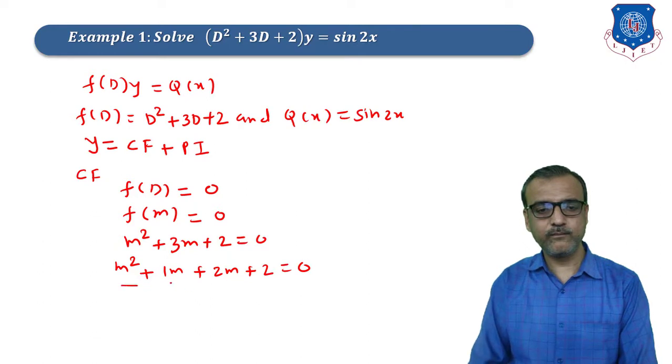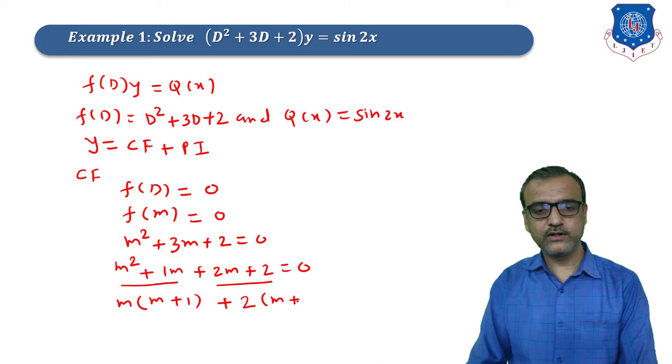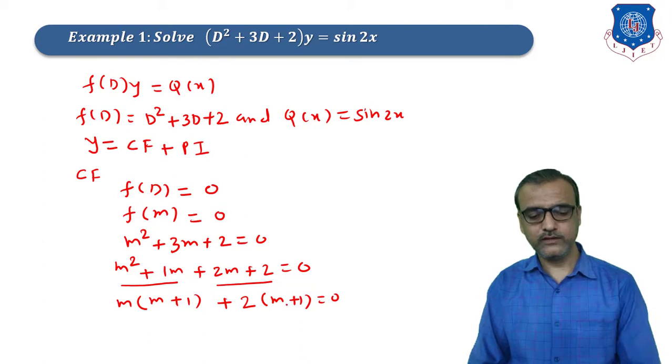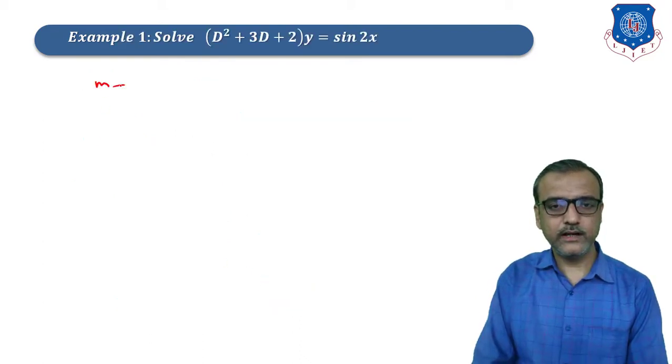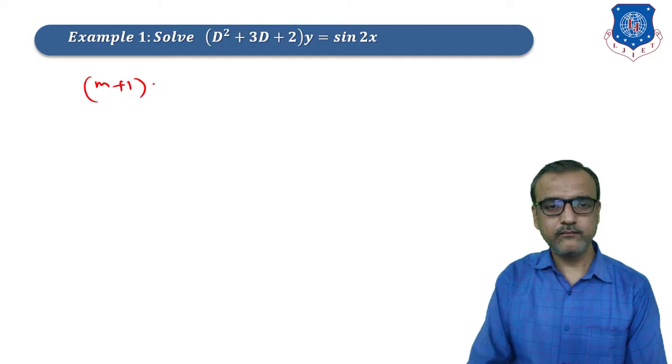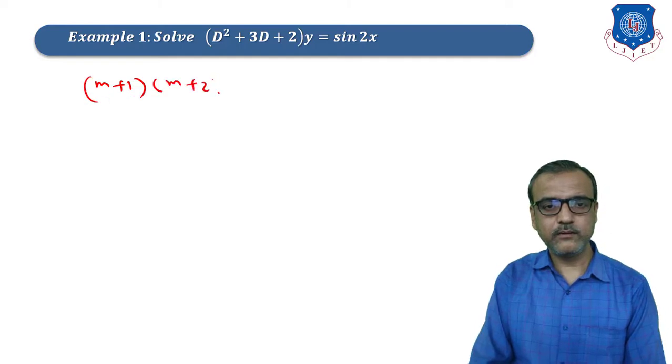Now from the first two terms we take m common, so in the bracket we have m plus 1. Now taking 2 common from the other two terms, in the bracket we have m plus 1, equals 0. So we have two factors, m plus 1 and m plus 2 equals 0.